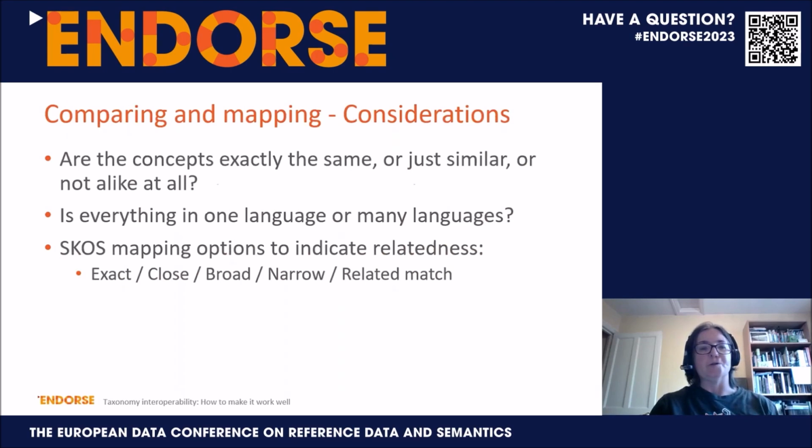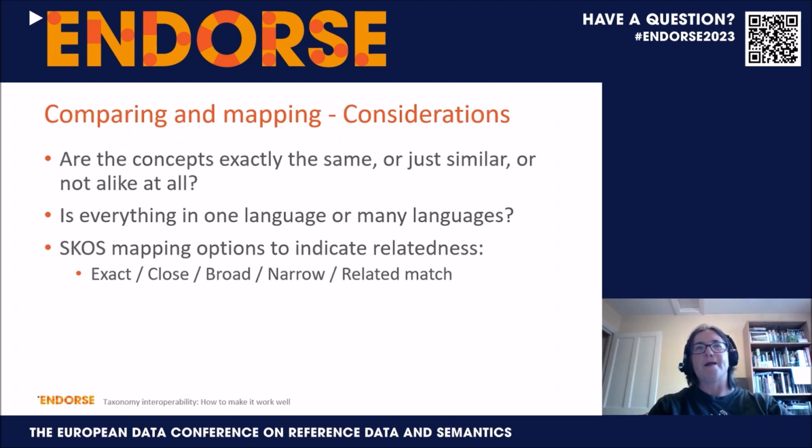And then just to touch on SKOS. I love the SKOS standard for managing taxonomies, and it's got some really nice properties defined to help you indicate the level of relatedness between two concepts, so that it's not just a binary same thing. You can say that something is an exact match, but you've also got a close match for something that's almost there but not quite. You can do broad and narrow, which is really good where you've got taxonomies operating at different levels.